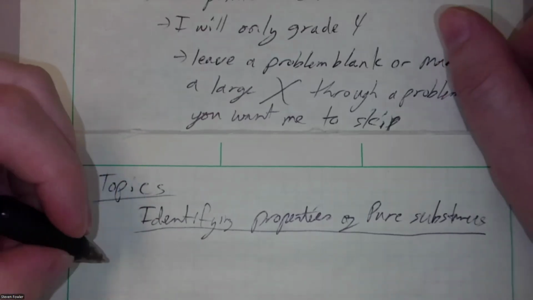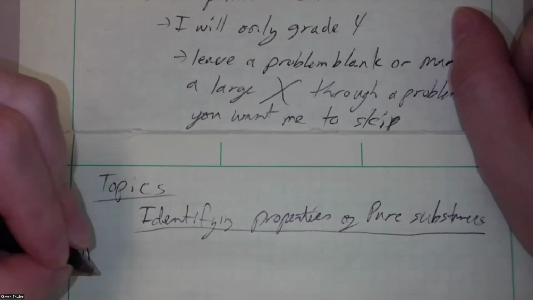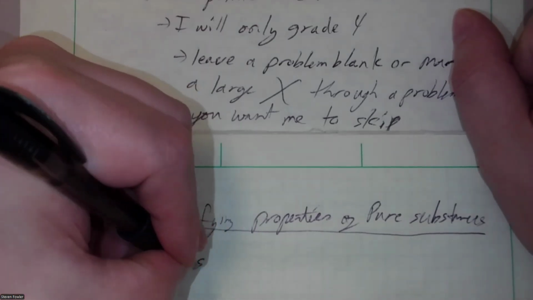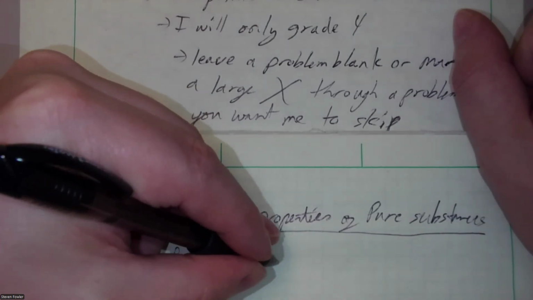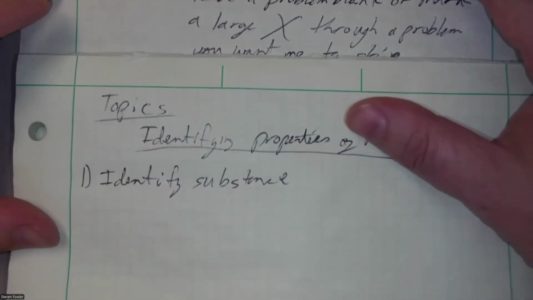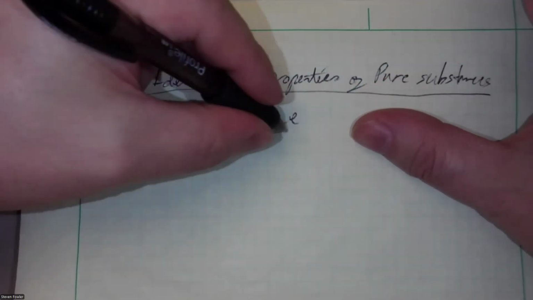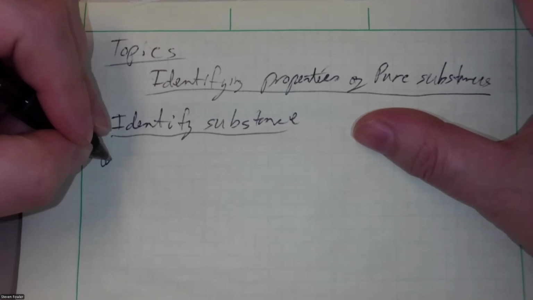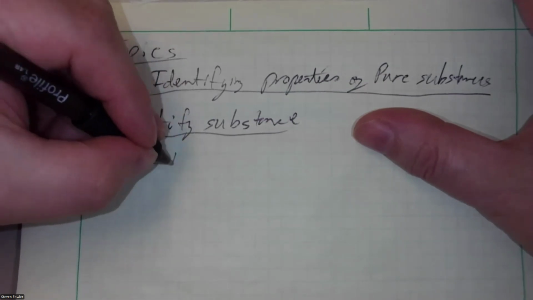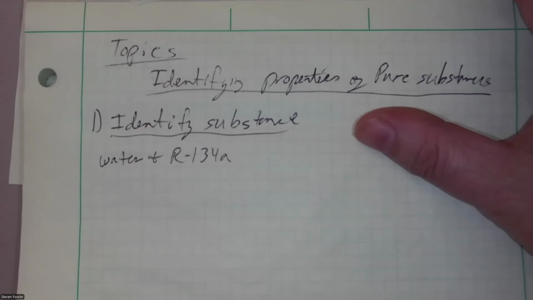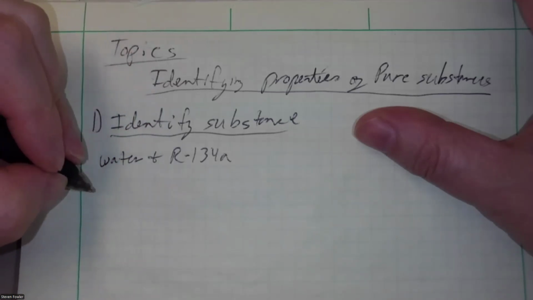Now, we've added some flavors. Step one was identify your substance. That has not changed. What has changed is now we have some branches. There's some choose-your-own-adventure going on here. For water and R134a, it's going to look like this.